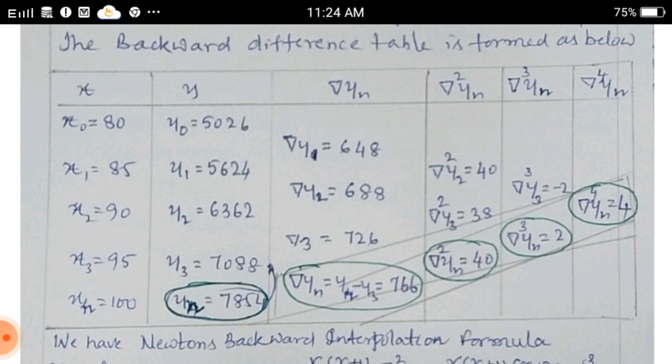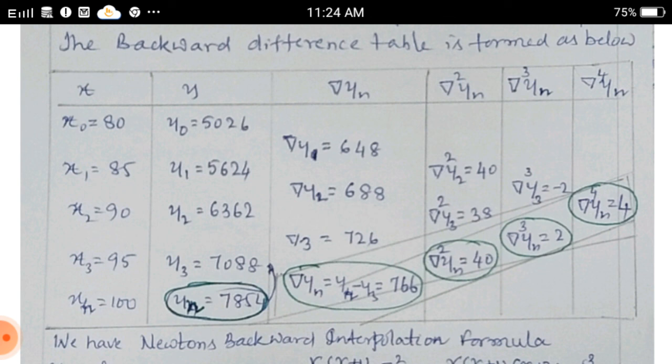Del cube y3 is equal to del square y3 minus del square y2 is equal to 38 minus 40 is minus 2. Okay, next, the fourth backward difference, del to the power of 4 yn, is given by the differences of third order backward differences: del cube yn minus del cube y3 is equal to 2 minus minus 2 is equal to 4.